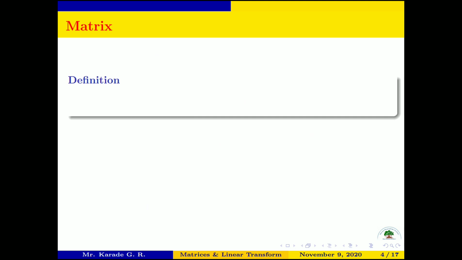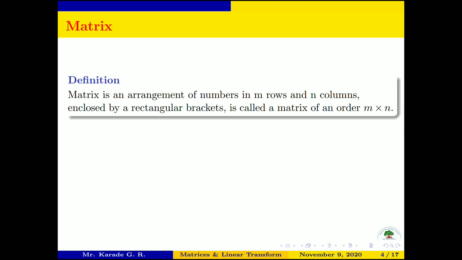So we know that the matrix is an arrangement of numbers in m rows and n columns enclosed by rectangular brackets, and is called a matrix of an order m cross n.